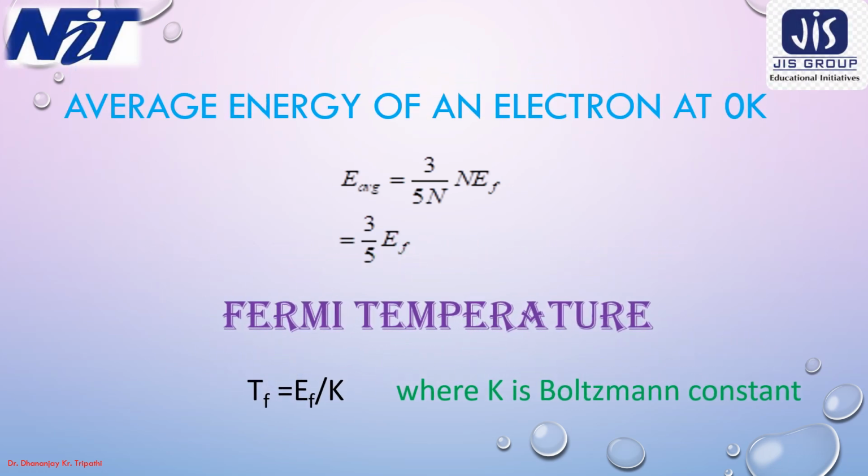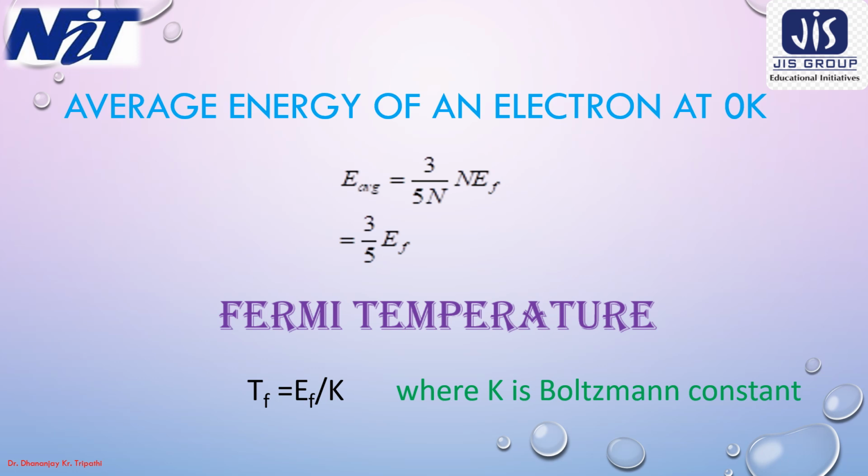Average energy of an electron at absolute zero or 0 Kelvin. The average energy, or average kinetic energy, of an electron at absolute zero will be equal to the total energy by the total number of electrons. So the total number of electrons is capital N, and the total energy we have just calculated on the last slide, which was equal to 3/5 N EF.